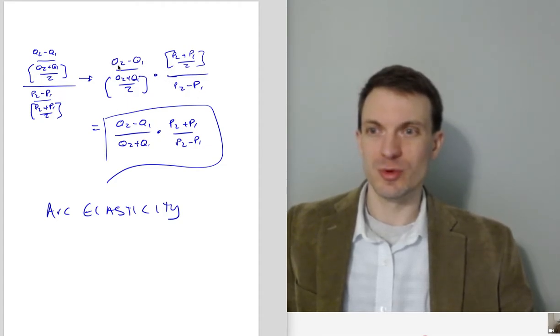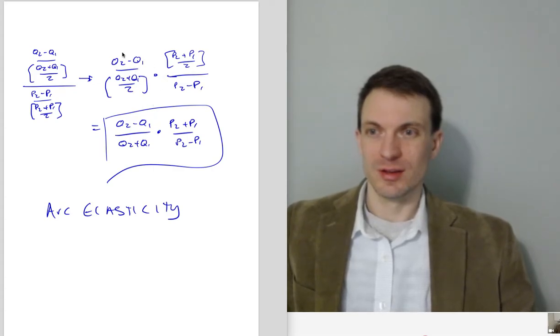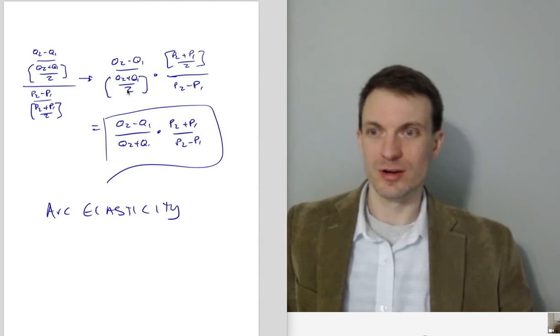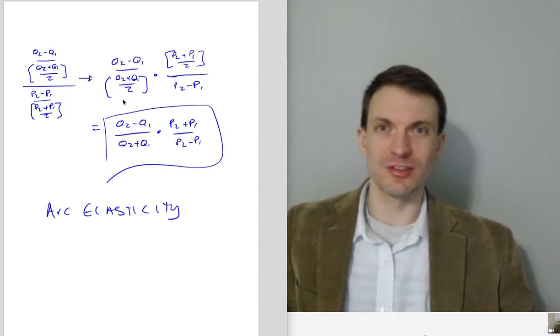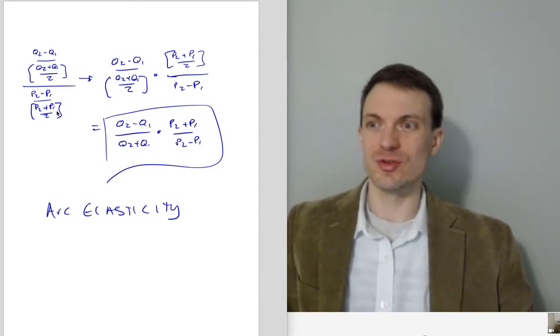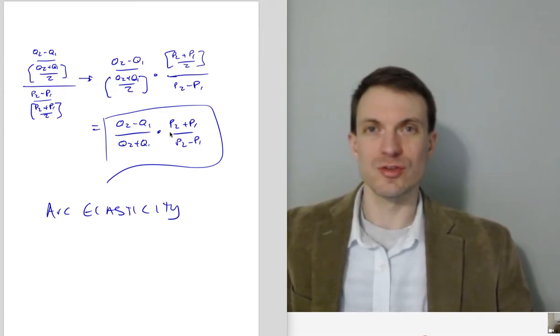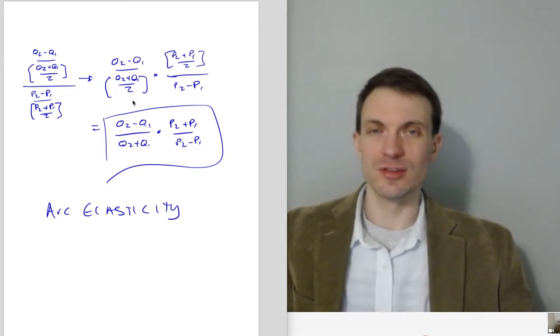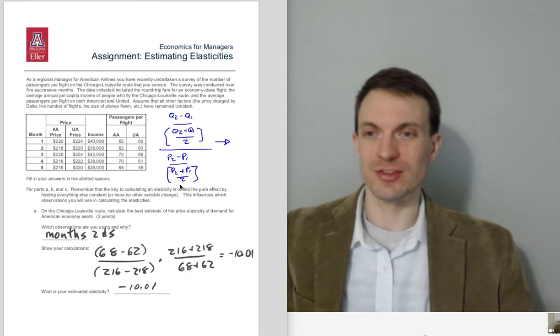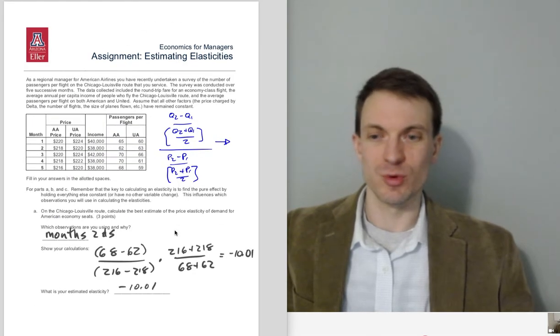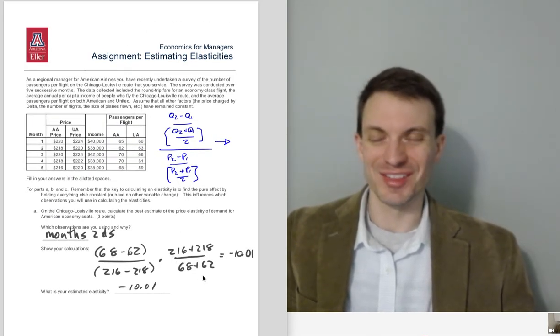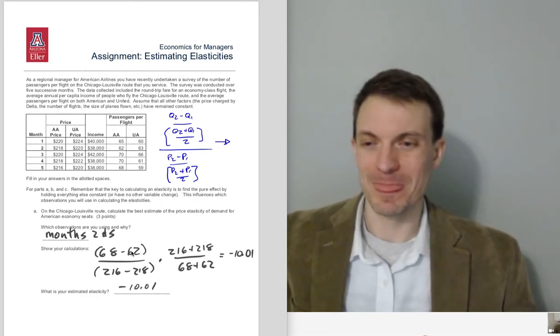Then the numerator comes from the denominator, numerator, denominator. And the last thing is this 2. What's going on? I could have canceled the 2 here, couldn't I? Why don't I cancel the 2 there? Let's do it. Then this is a boiled down version of the arc elasticity formula that's nicer to work with, especially when I'm trying to write this out in a finite space. So what do you do?